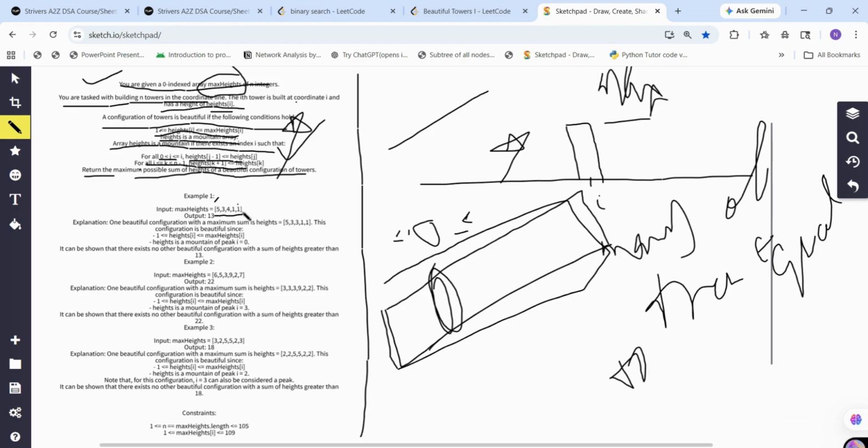Yes, many viewers of this problem have got this intuition that you have to maximize the number of towers whose heights are equal to the maximum heights, because that would give you the maximum sum. You can make all of them equal to their maximum heights, or you have to maximize that. That's what the approach is saying.